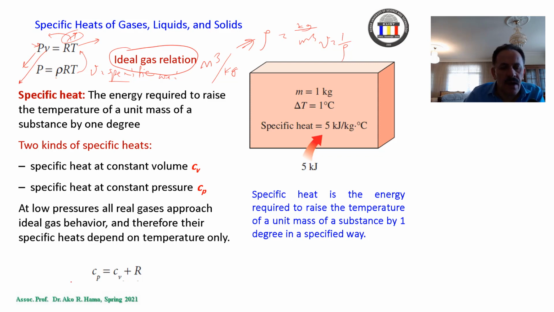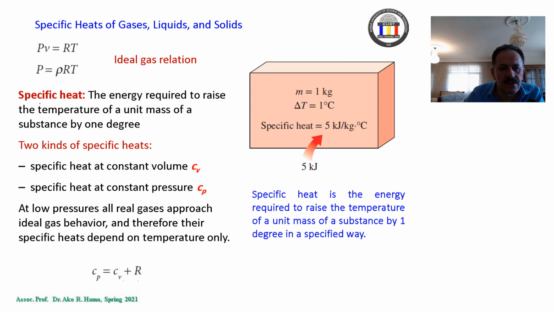Now we have a term which is called specific heat. What does specific heat mean? It means that if I have 1 kilogram of any substance and its temperature, for example, is 20, and I want to increase it to 21, what should I do? We should add heat, for example a candle or any fire.